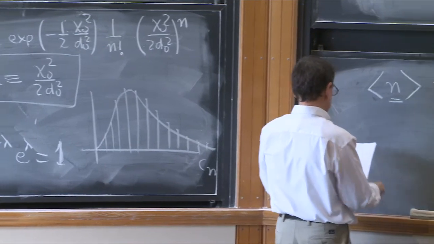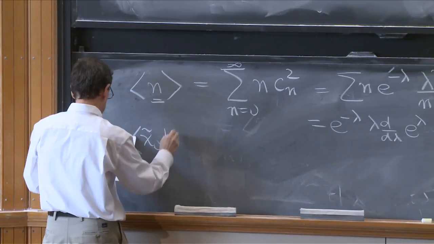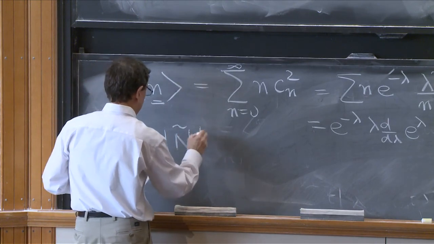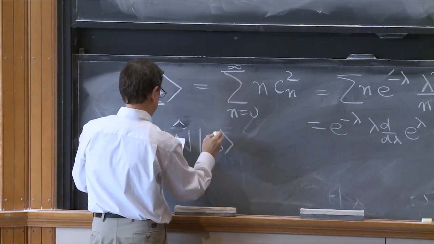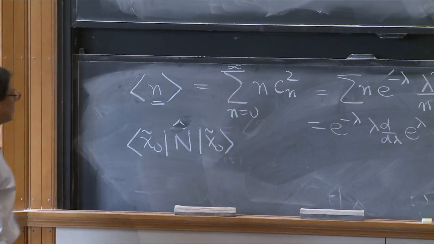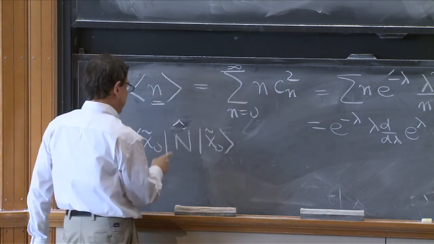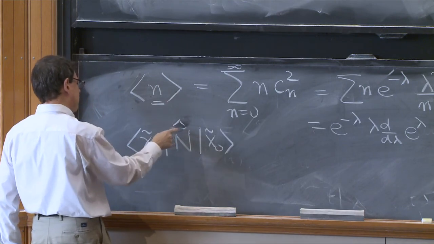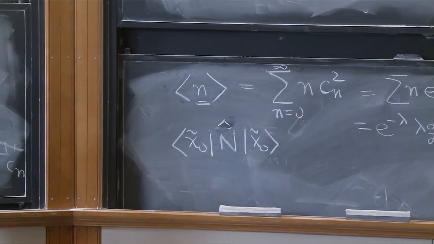Indeed, suppose you would compute x0 tilde, n hat, x0 tilde. This is what you would think is an occupation number. This sounds a little hand-wavy, but this is the number operator, the expected value of the number operator in the coherent state.